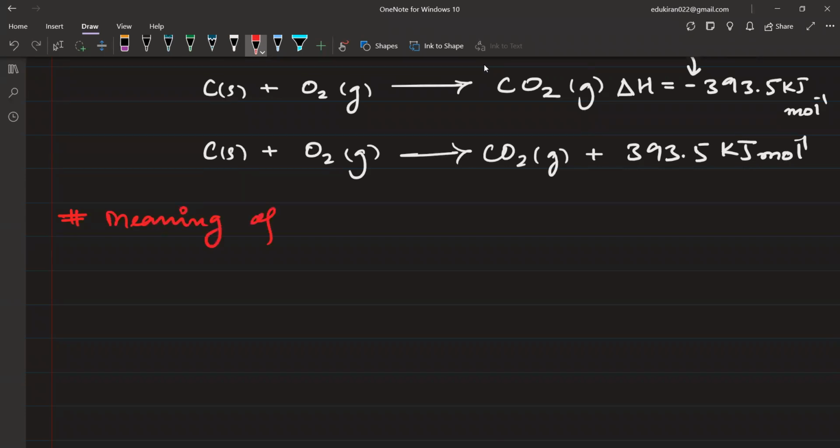Meaning of standard enthalpy of. You are going to see many equations like this. Once we understand standard enthalpy, then we are going to easily understand the standard enthalpy of formation. Then we are going to learn the standard enthalpy of fusion, standard enthalpy of reaction, and everything else. So what is the meaning of standard enthalpy?